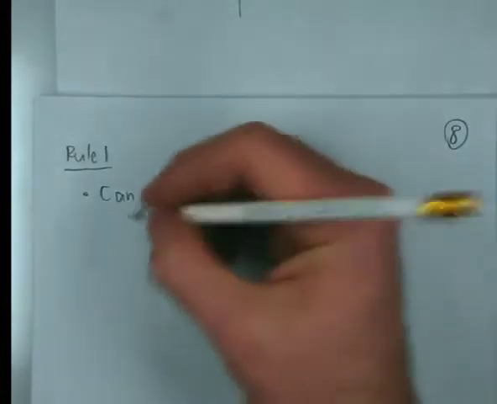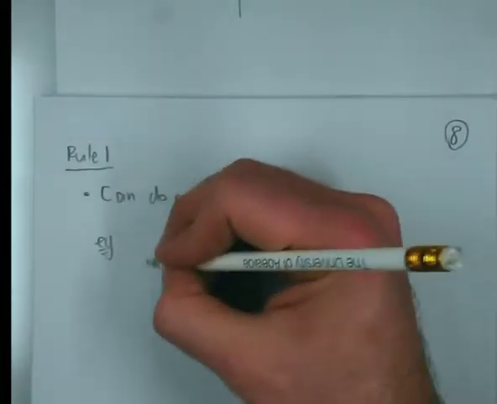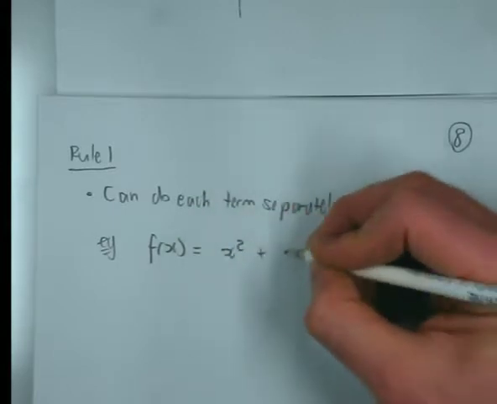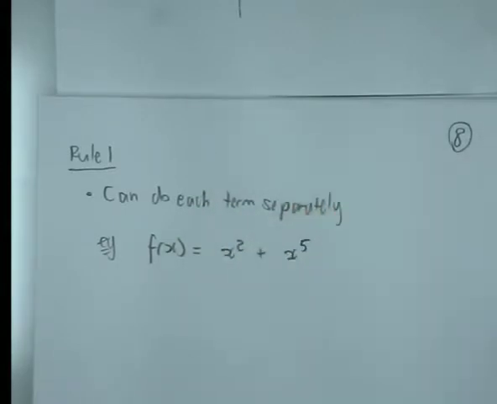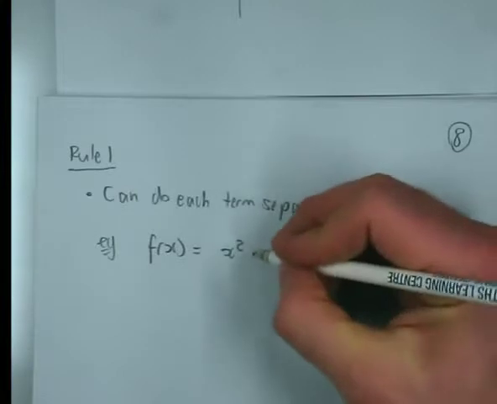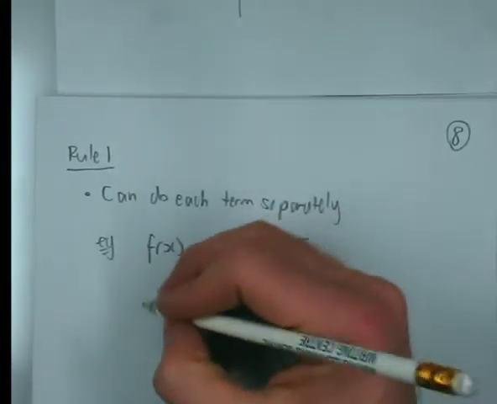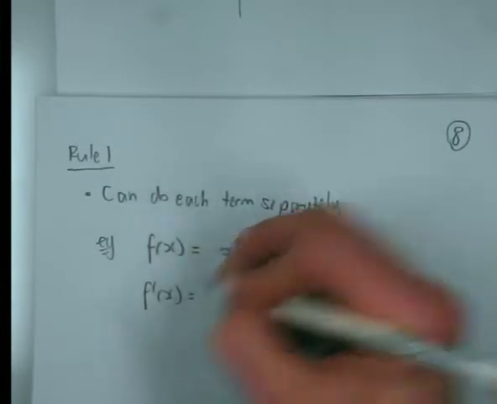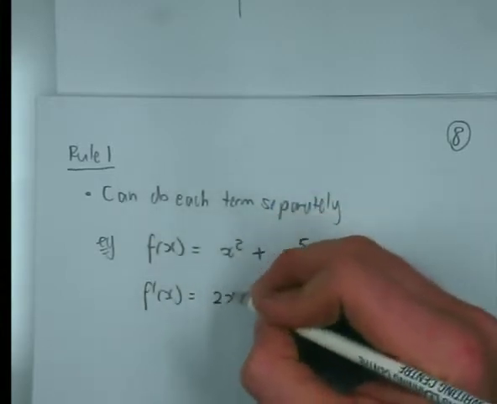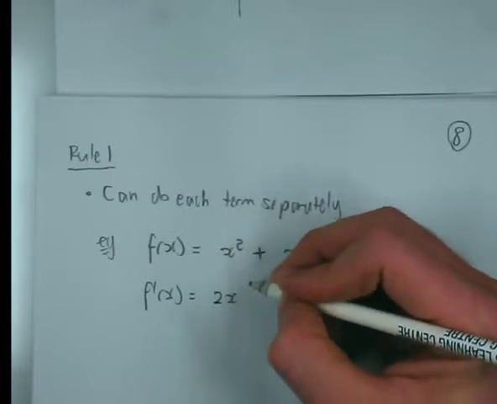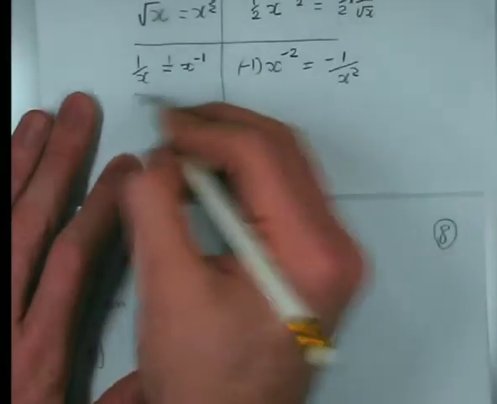So that would mean if I saw that, I could just go, well, the plus creates these two terms. This is the first term, this is the second term, and I can just do each term separately. That one I will times by the current power, and the power will go down by 1. In fact, that's a worthy one of sticking in your notes directly.